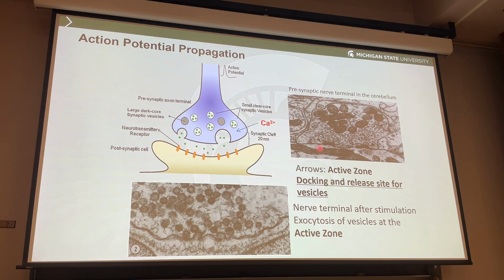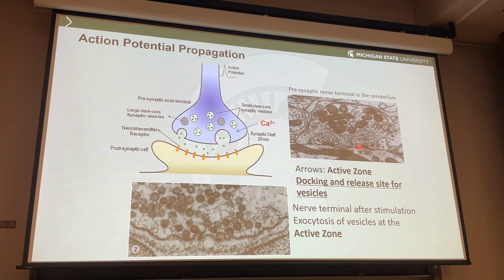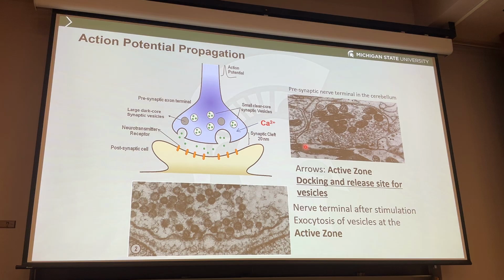These active zones are where this is actually happening. This is the closest zoom up here, and this is a bit backed out more, but this area that's dark here is where there is a large area of active release of neurotransmitter out into the synapse.